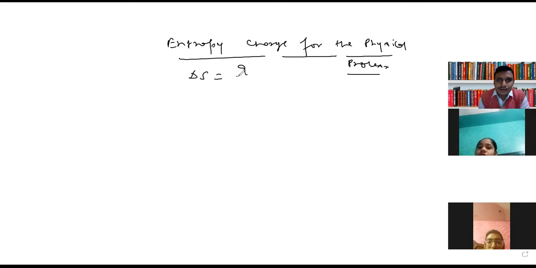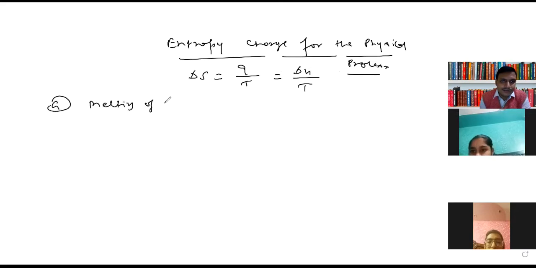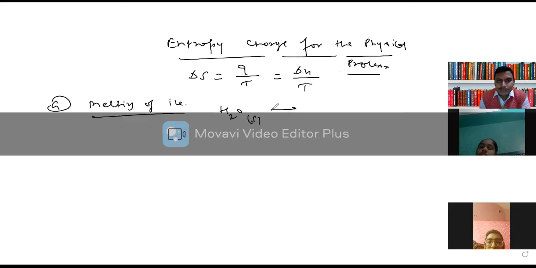Delta S is equal to Q upon T or delta H upon T. But if you take any specific physical change like melting of ice or freezing of water, the example of melting of ice is H2O solid to H2O liquid. You can write like that.